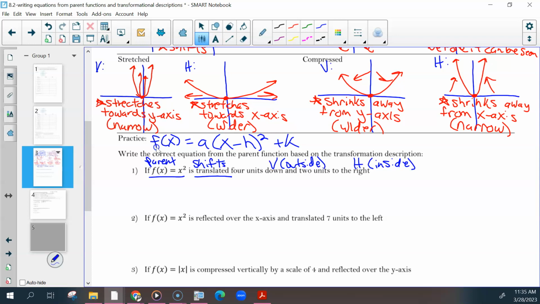So we would start writing this like the beginning, f of x equals. Our a value would be if we had any vertical stretches or compressions or reflections. Do we have any of those things? Vertical reflections, vertical compressions, vertical stretches. Do we have any of those?